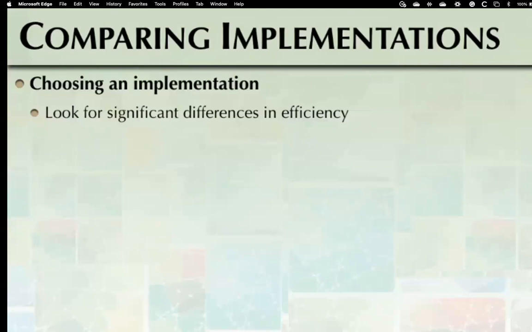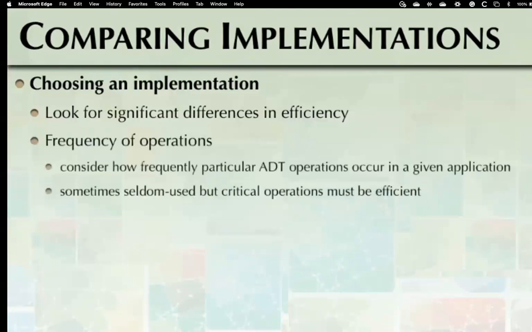We also need to consider the frequency of the various operations in the application that will use the ADT. Then, depending on the application, we may decide to choose a different implementation. For example, implementation A may have an add implementation that is significantly more efficient than implementation B's add implementation.